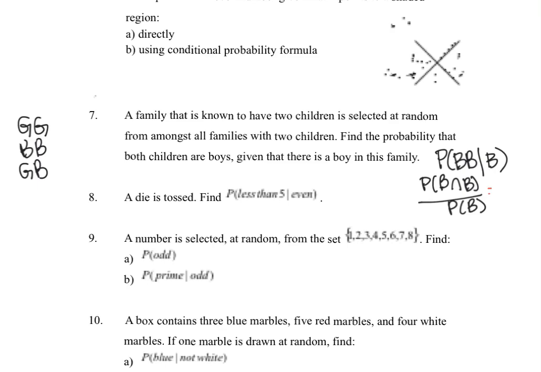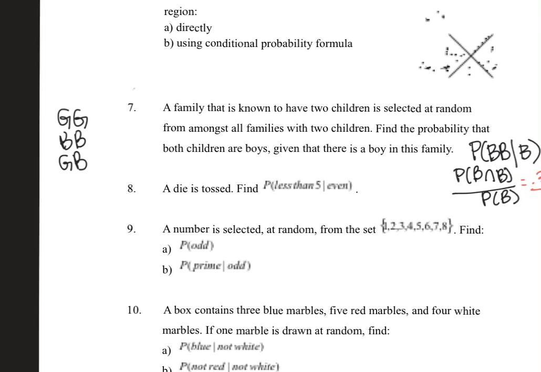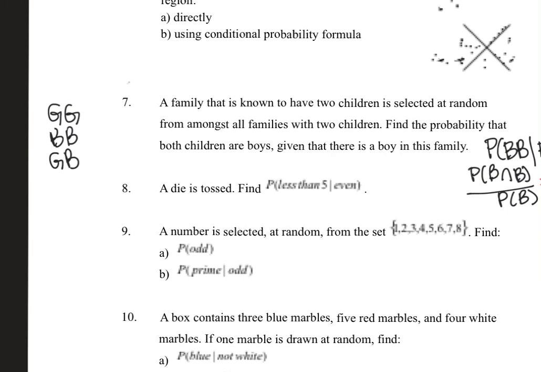So 1 out of 3 is 0.33. And probability of getting a boy. Now, probability of getting a boy is 1/2, okay? Or we could say, let's see, find the probability that both children are boys, given that there is a boy in the family.